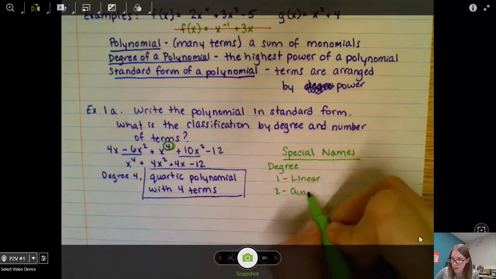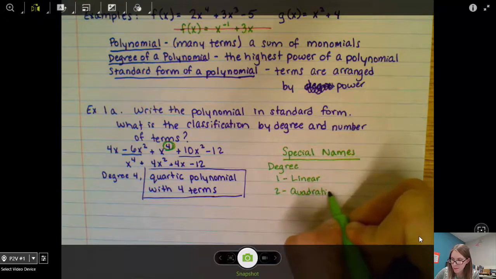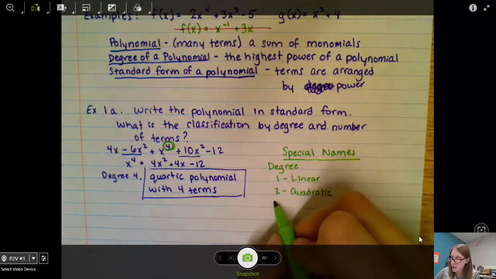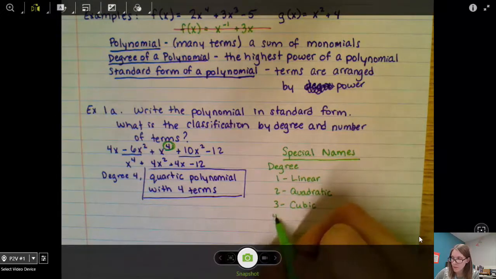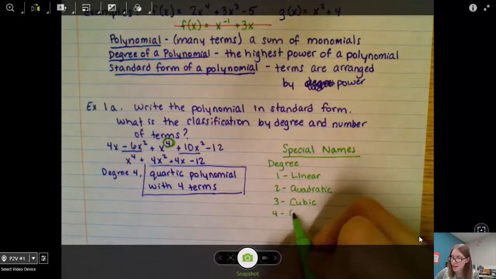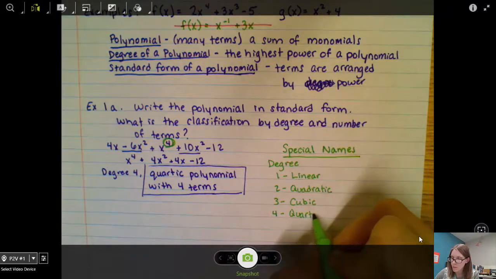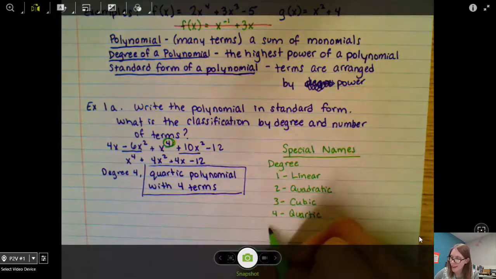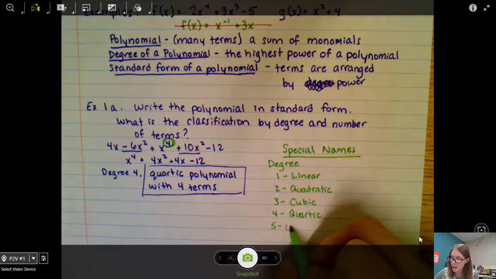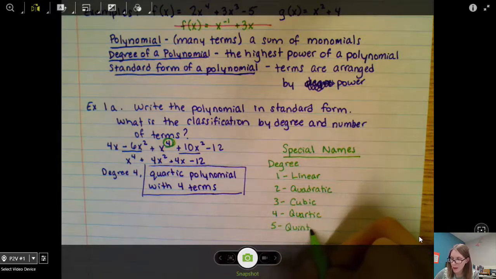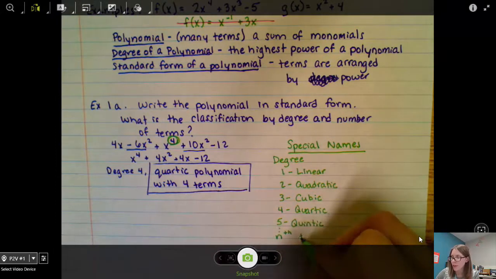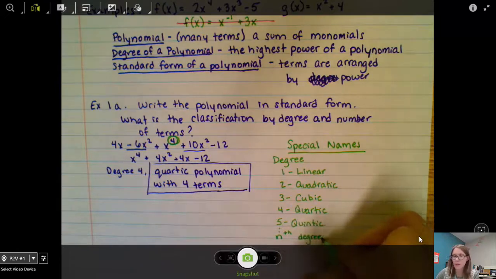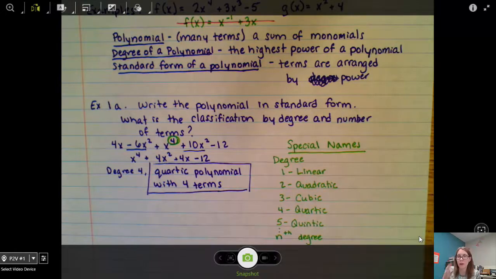That's quadratic. If our degree is 3, that's cubic. Degree is 4, like we saw here, is quartic. A 5th degree polynomial is quintic. And then really past that, an nth degree polynomial is what we'd call it.